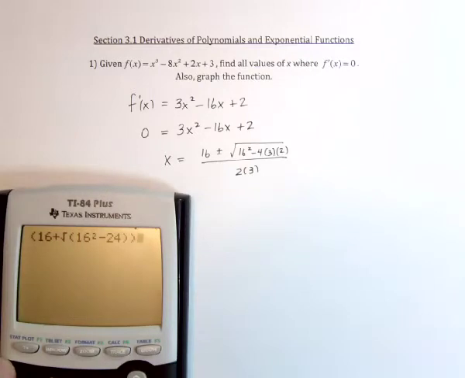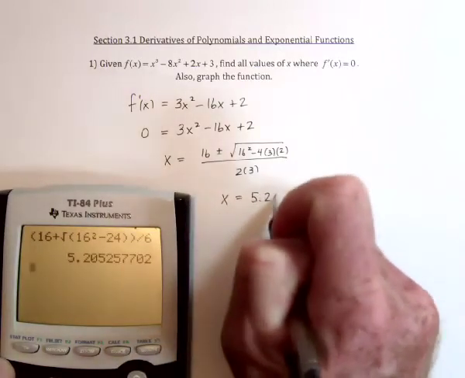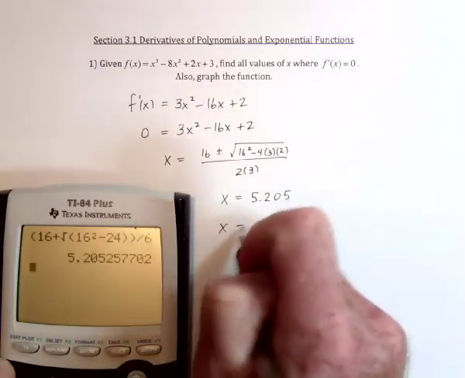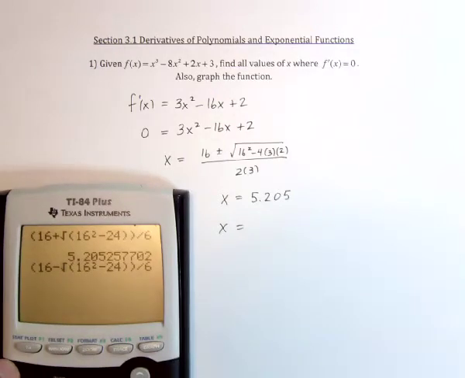And then close the parentheses twice and divide by 6. So one possibility is that x equals 5.205, and then do the same thing with subtraction. In case you hadn't seen that trick before, you just hit second enter and it'll give you the expression back again. You can change it.